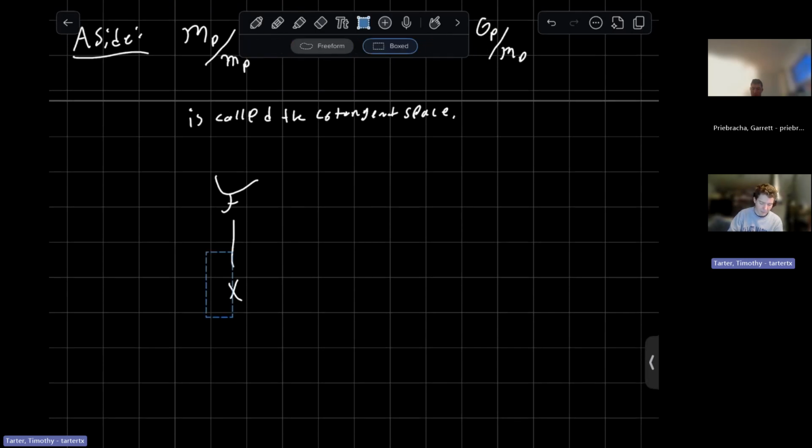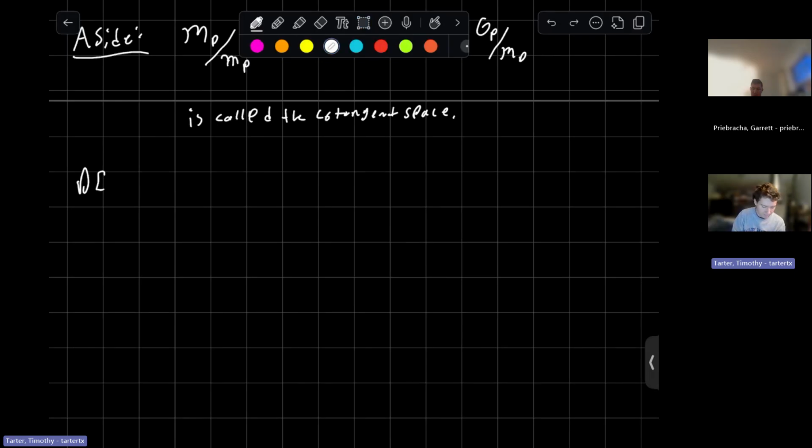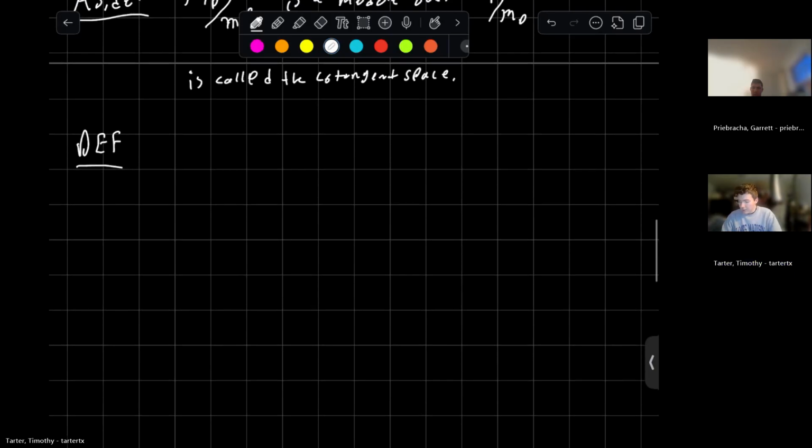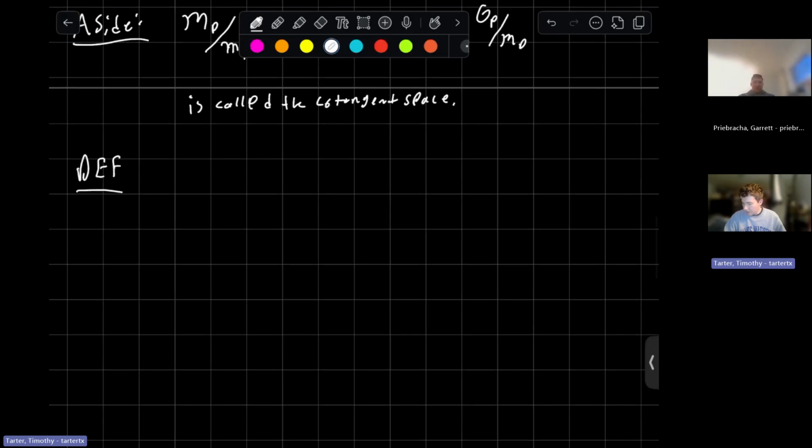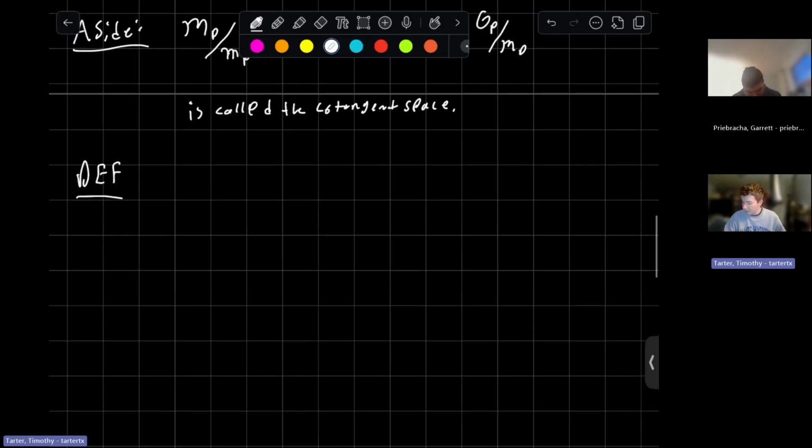Kind of a weird remark, but we'll start with the definition of a pre-sheaf. There's a lot to it, but it's not actually that bad.